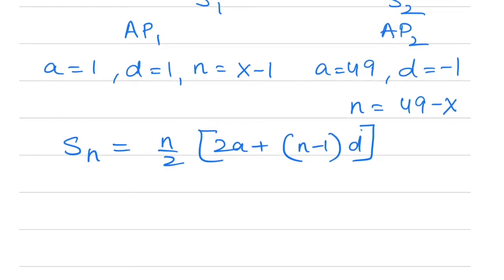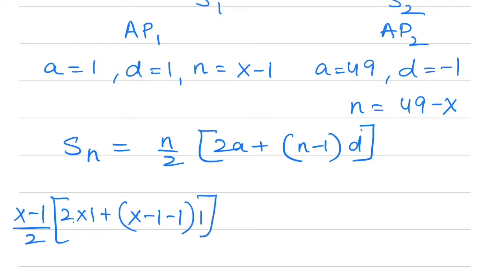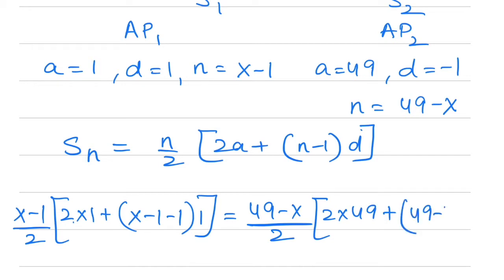Here we have N as X minus 1 by 2 and 2 into 1 plus N minus 1. So N is X minus 1 minus 1, D is 1. This is equal to N here, 49 minus X divided by 2, and 2 into 49 plus N, which is 49 minus X minus 1, into minus 1.